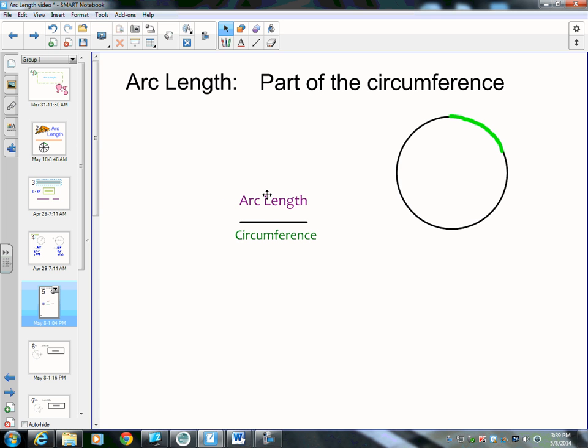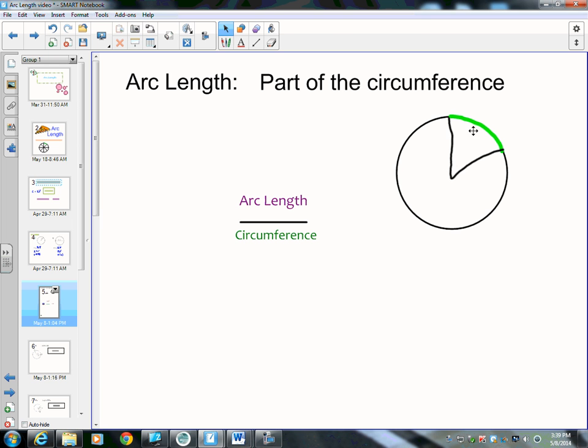Okay, well, we need to set this equal to something else, so some other ratio. Well, if we have, let's say, a central angle, kind of like a piece of pizza again, and again we're trying to find the crust. Well, we have how many degrees all the way around the circle? The circle is 360 degrees.